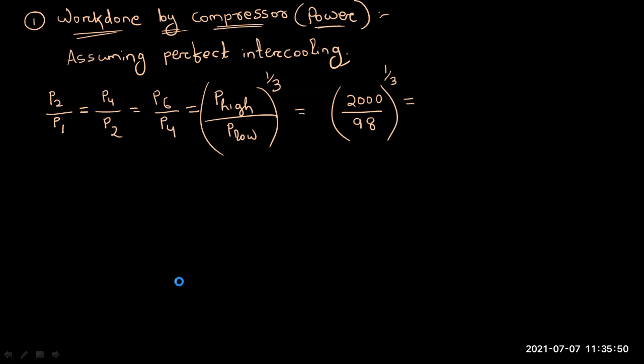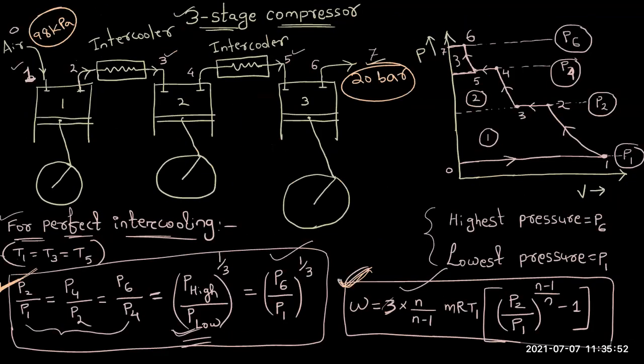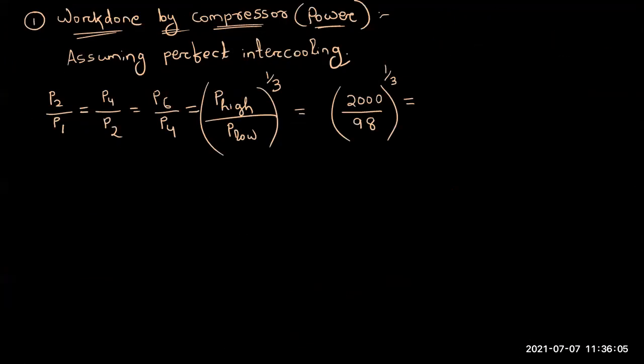Same condition I have told: P6 by P1 to the power 1 by 3. Okay. So you just tell me how much value we are getting over here. This value, how much are we getting? 2.7327.